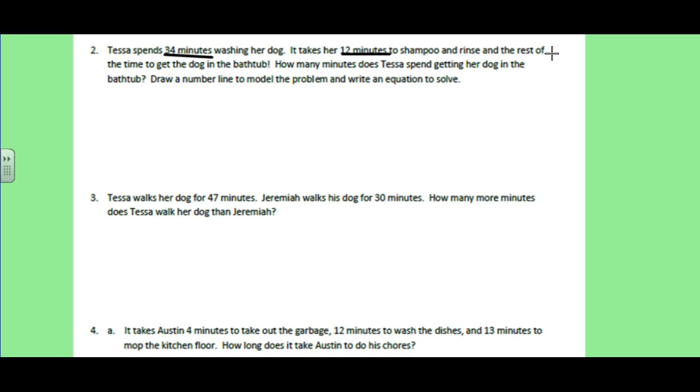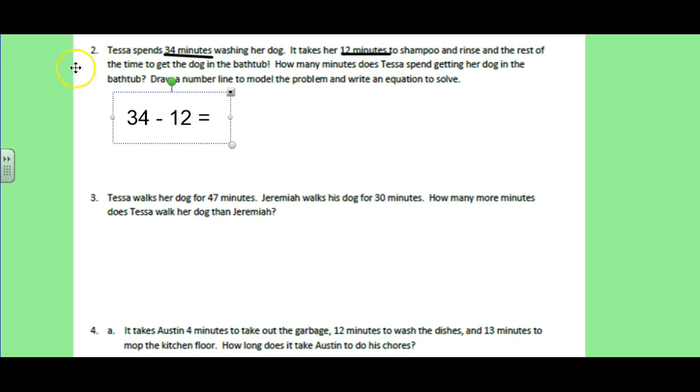So all we have to do here to see how many minutes it took her to get her dog in the bathtub is to take that 12 minutes and subtract it from the 34 minutes, and what is left is going to be how many minutes it actually took her to get her dog in the bathtub. So on your paper, we're going to take 34 minus 12, and that will give us the answer, and then you will need to write your answer in a sentence to tell how many minutes it actually took her to get her dog in the bathtub.